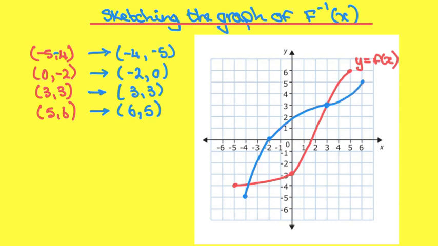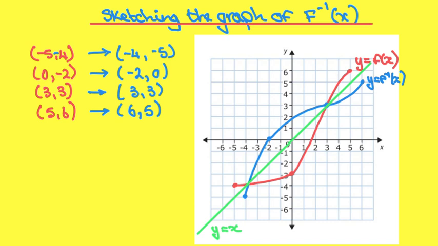and if you can see, what we've actually done is we have reflected the original f of x. So y is now f to the minus 1 of x, and what we've actually done is we've reflected it in the line y equals x. So I've drawn in the line y equals x, and as you can see, the 4 points are a reflection of those points in the line y equals x.